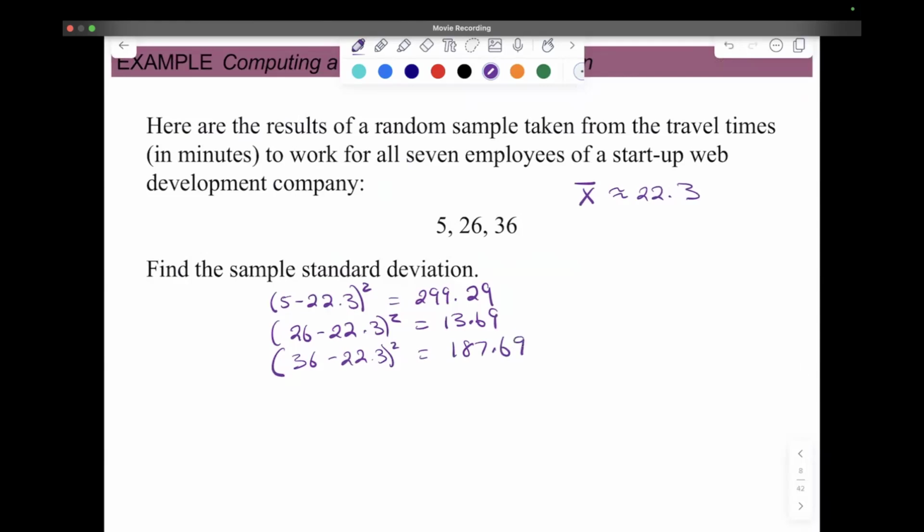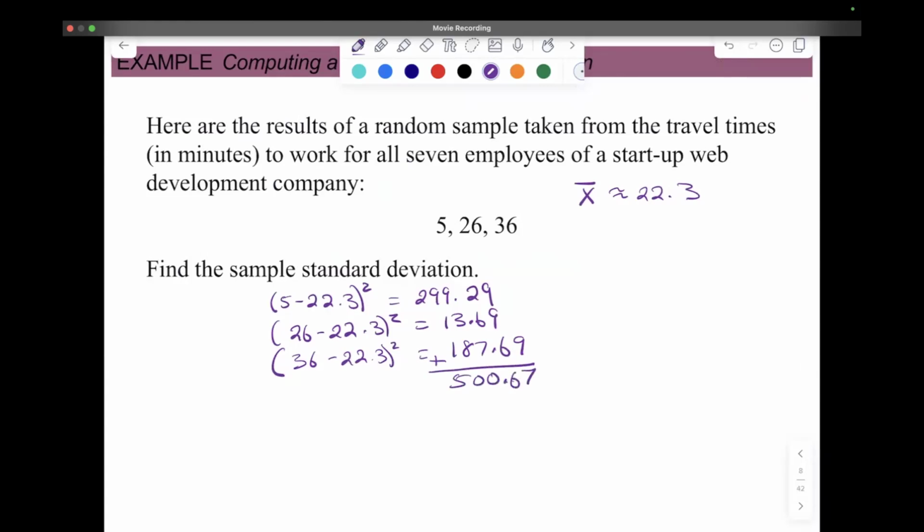So I took each data value, subtracted the mean, and squared them. Now I'm going to add all of these together. Took all of these, added those together, 500.67.